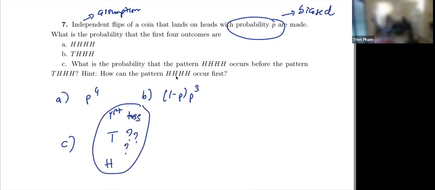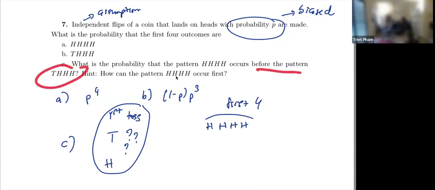But if we look at the first four tosses, either HHHH comes first, in which case clearly it comes before. Correct?